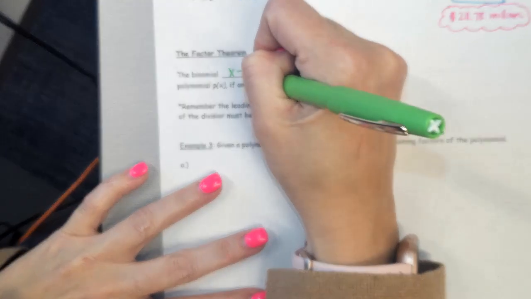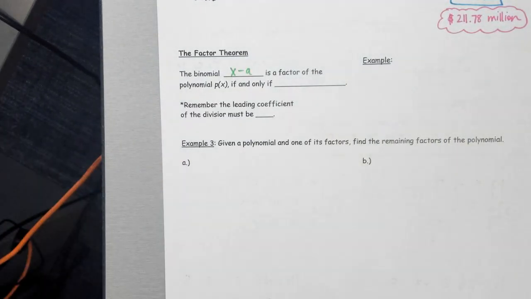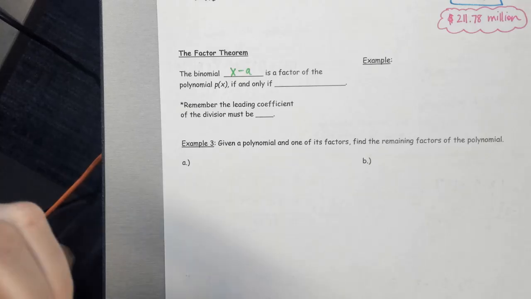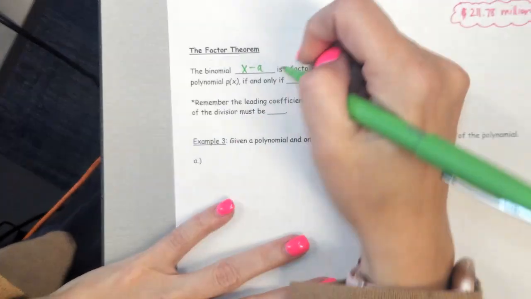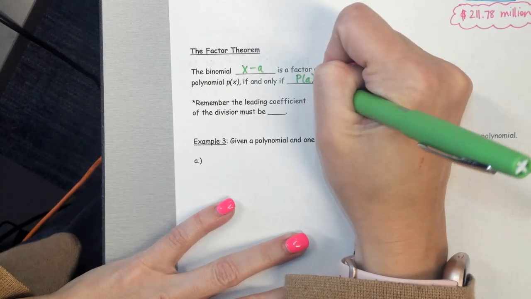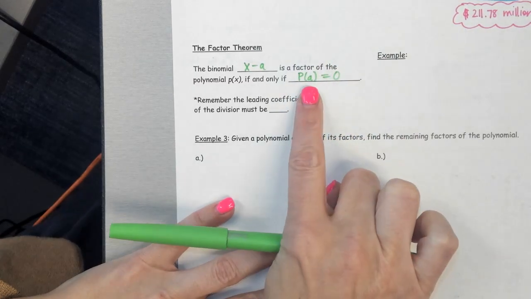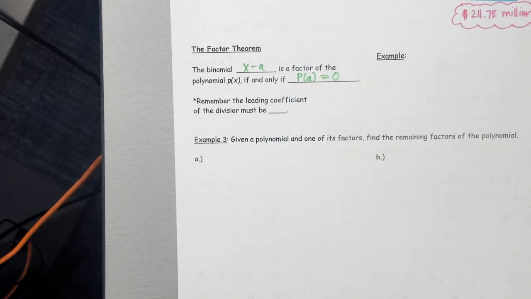So the factor theorem tells us that a binomial is a factor of the polynomial if and only if the remainder is 0. Okay, but the way that the factor theorem writes it is they say P of A equals 0.